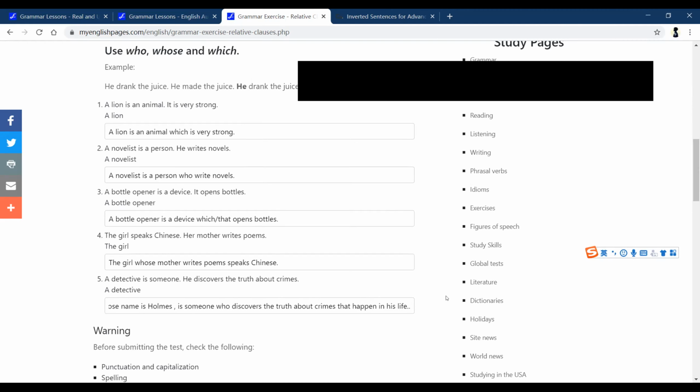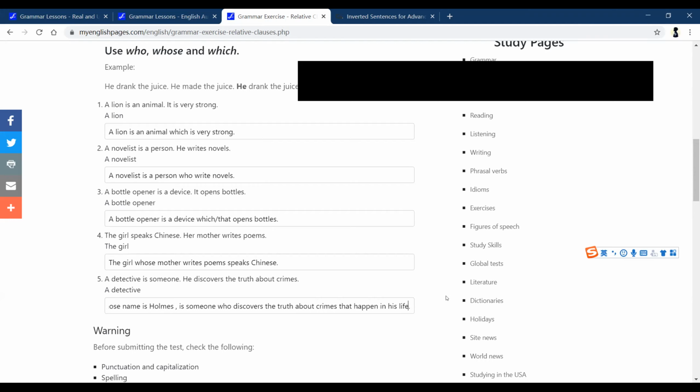So this is to say, his name is Holmes, and he discovers the truth about crimes, and what kind of crimes. It's talking about crimes, and these crimes always happen in his life.